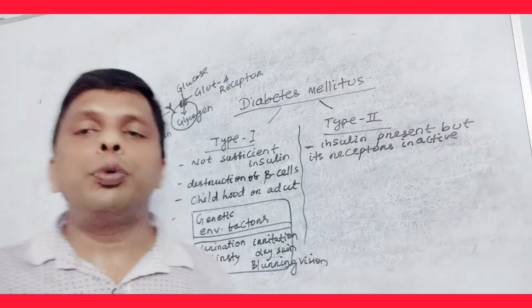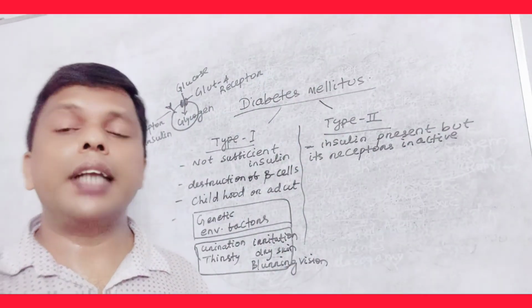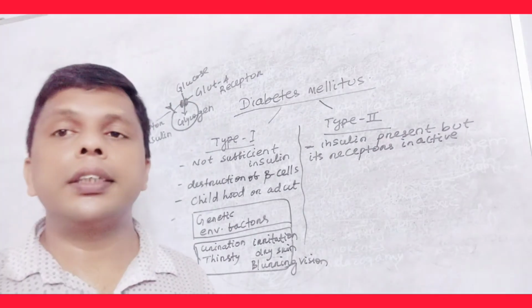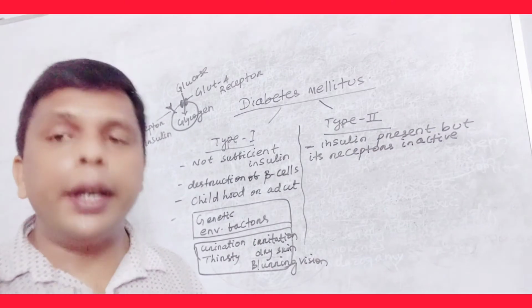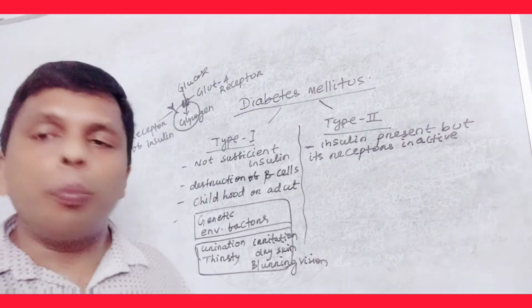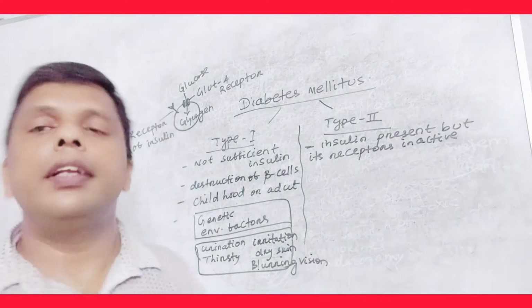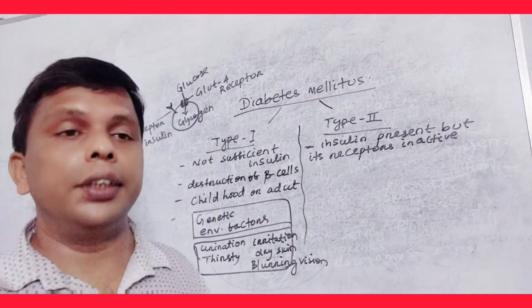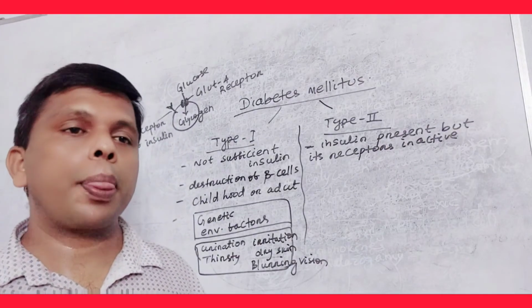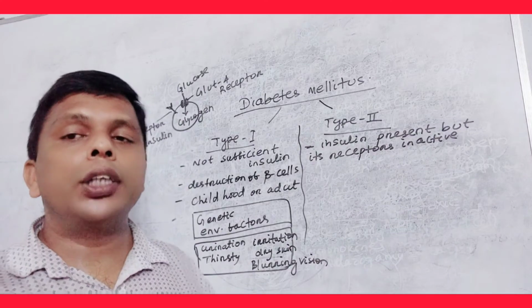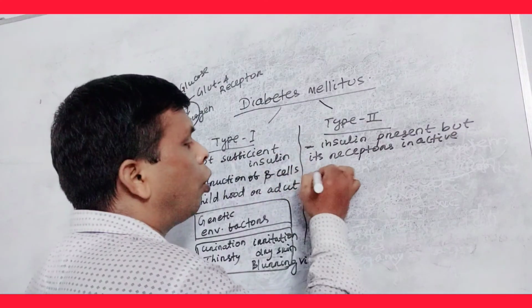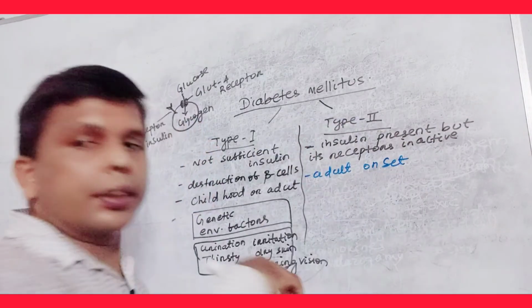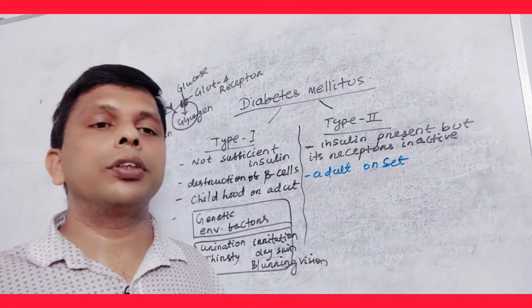Then come to type 2 diabetes mellitus. What is type 2 diabetes mellitus? I have already told you, it is not insulin dependent. When insulin is sufficiently present, still this diabetes is caused. How and why is it caused? Remember, it is otherwise called adult onset diabetes. What are the basic causes?